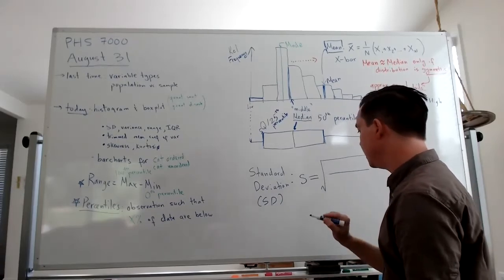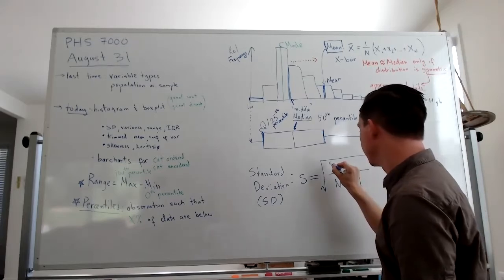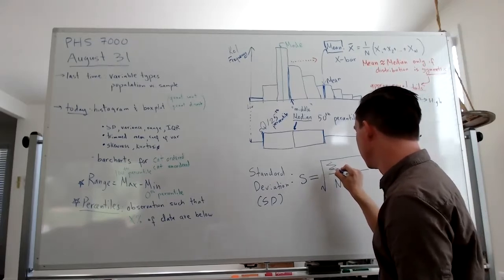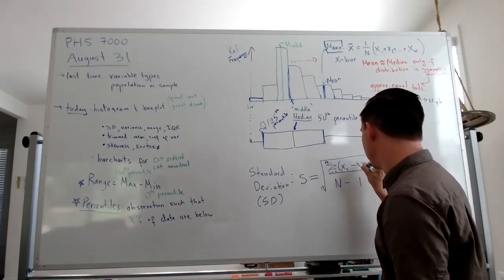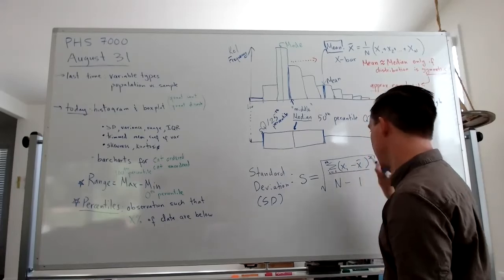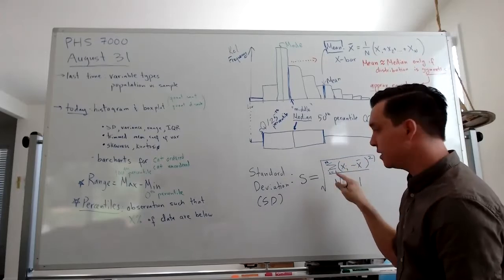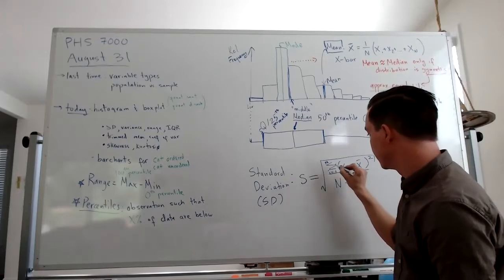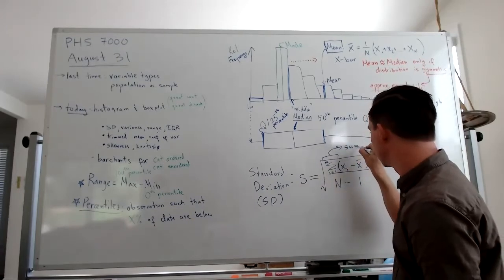So let me write out the formula. And then I'll break it down for us. Okay. There's a little bit of shorthand in these formulas, and that's this summation. Right, this right here is a summation.